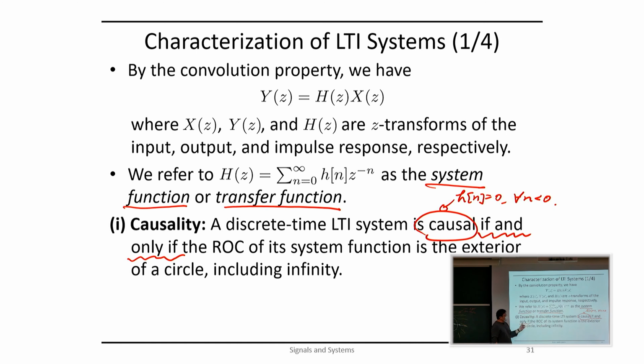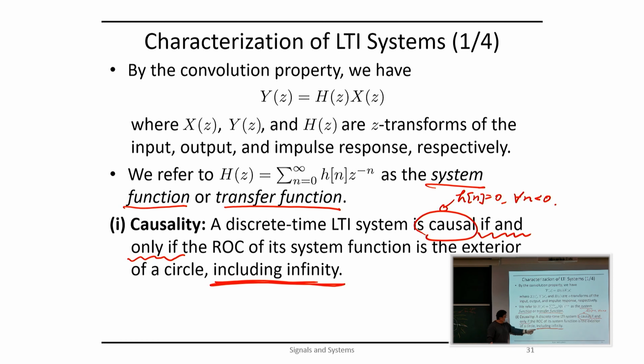Why can we make this two-directional statement here? We're saying that if your system has an ROC that is the exterior of a circle, then it must be causal. The key difference is this last sentence. If you only say the system function has an ROC that is the exterior of a circle, you cannot guarantee it is causal; you can only say it is a right-sided sequence.